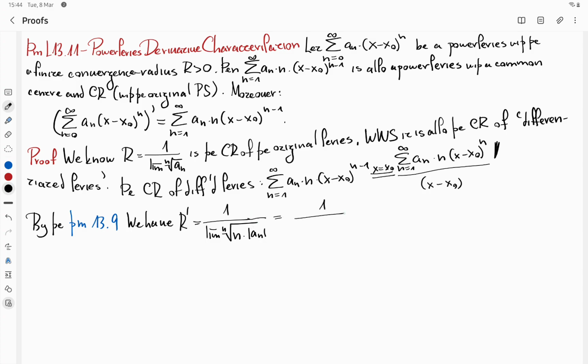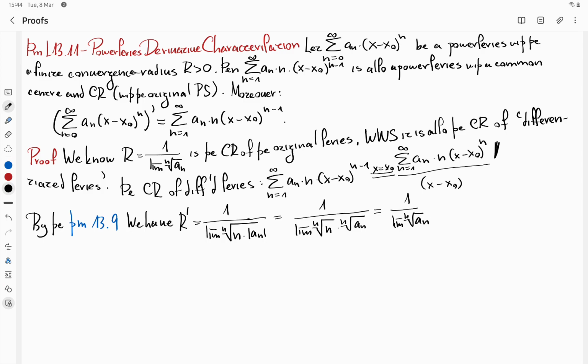But that, of course, is equal to this limit. Again, this is a mere equivalence operation. And this, of course, is just 1 over the limit superior of the nth root of a_n, right?